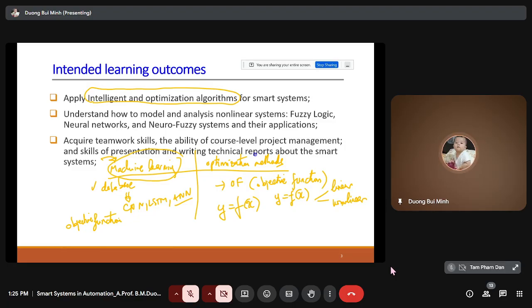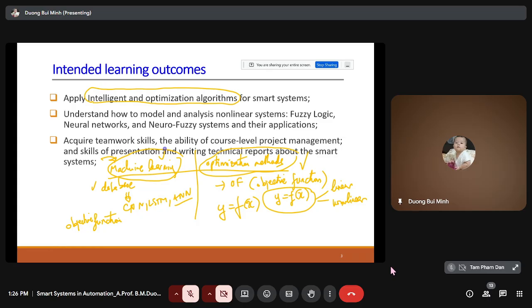But for optimization methods, you must have the objective function, that means y = f(x). So in summary, it depends on the application. If we know the objective function clearly, we use optimization methods for smart operation. If you cannot give the objective function, you should use machine learning.